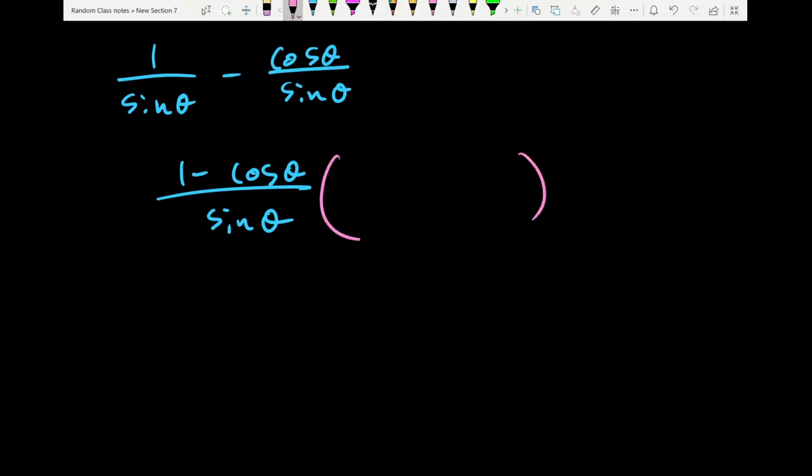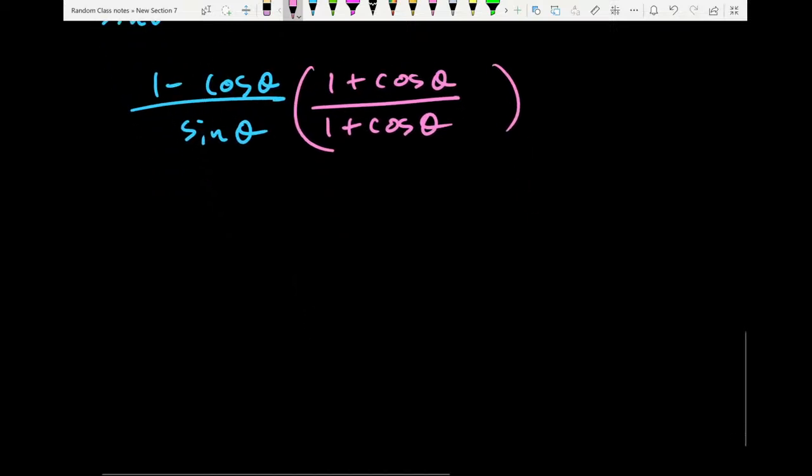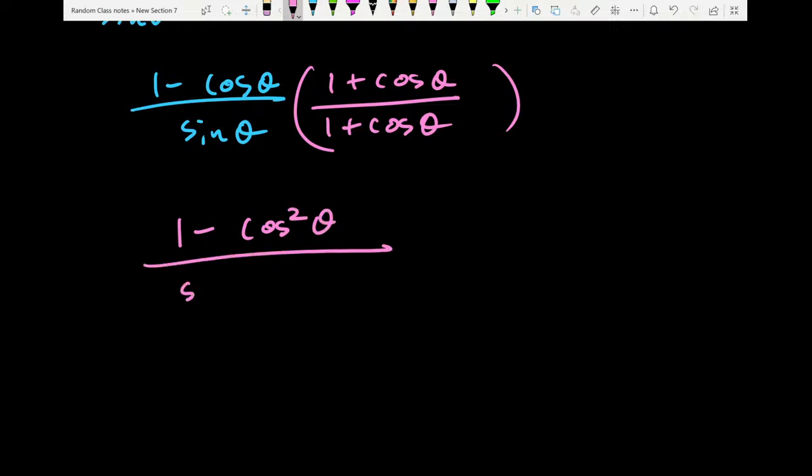I'm going to multiply by its conjugate. Ready? 1 plus cosine of theta over 1 plus cosine of theta. So when I multiply by its conjugate, the top becomes what? Cosine squared of theta, is that right? Over sine of theta times 1 plus cosine of theta.